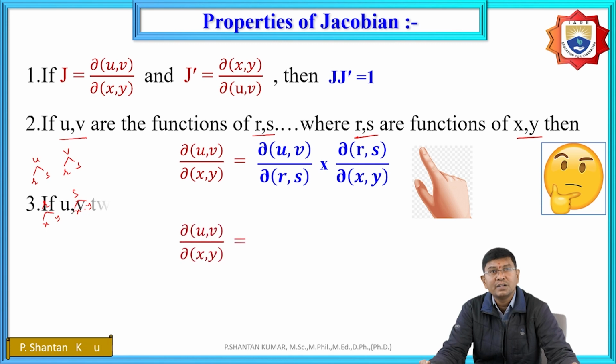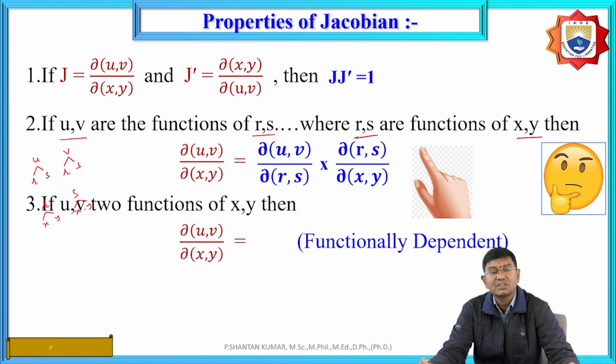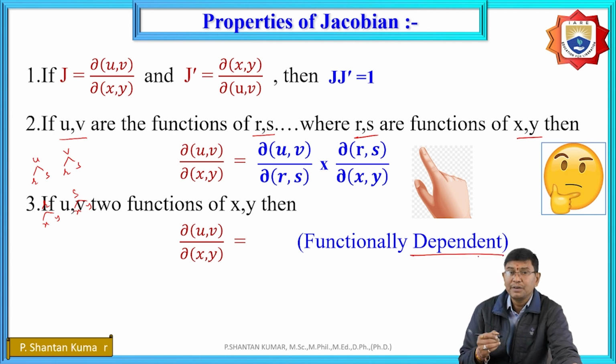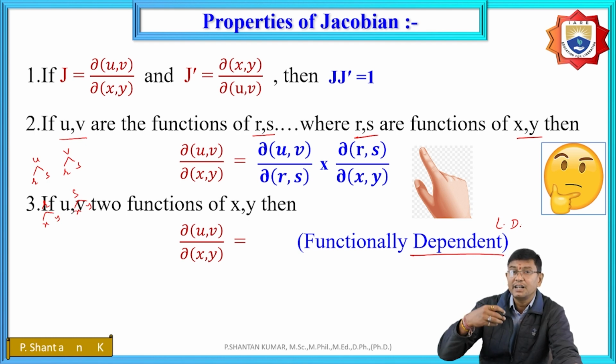The third property: if u, v are two functions of x, y, then the functions are said to be dependent. As we know, dependent means indirectly linearly dependent, and in terms of functional dependence, the dependence is nothing but det A equal to 0.